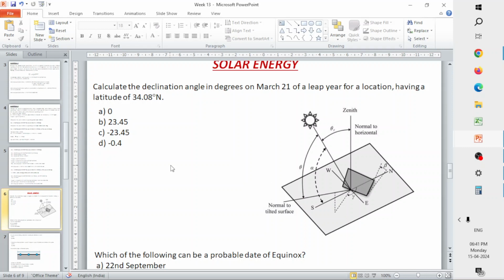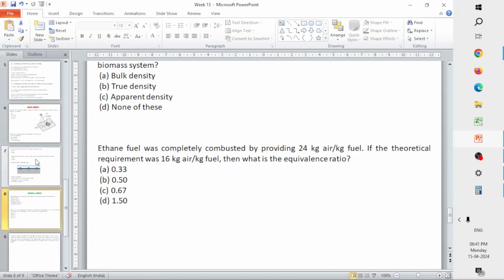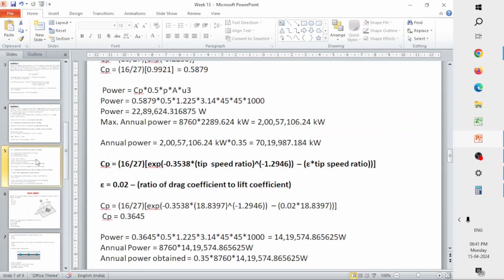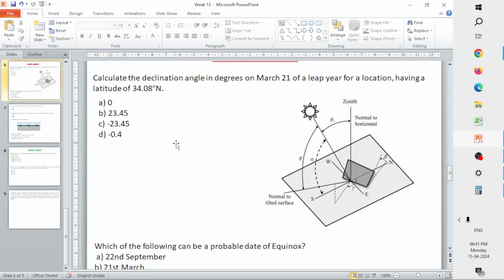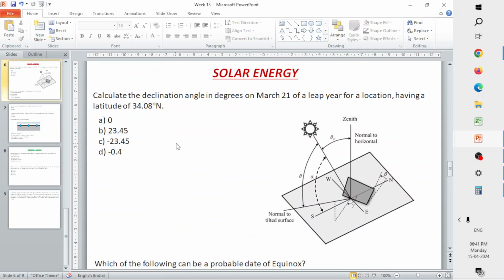Now we have completed the wind energy concept, and let's go very quickly through the solar and biomass energy systems, just for a quick revision or a brief recap of what we have seen throughout this course.